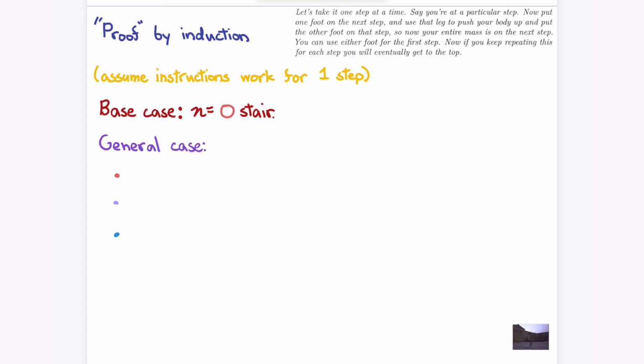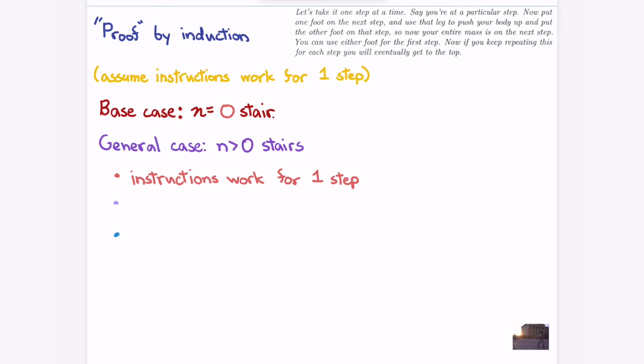So in the general case, n is bigger than, I'll fix that to 0. What might you write down in a submission? Maybe this is awkwardly posed, but you might start with: let's assume, or somehow justify, that the instructions will work for one step.